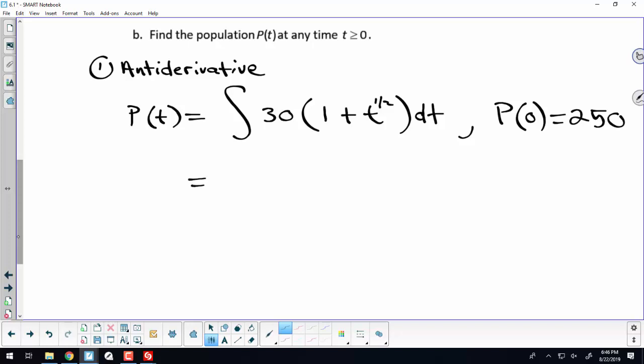So we did already find that antiderivative in the previous problem. Either route you take, you'll still have to find an antiderivative. So we have 30 times t plus 2/3 t to the 3/2 plus C.